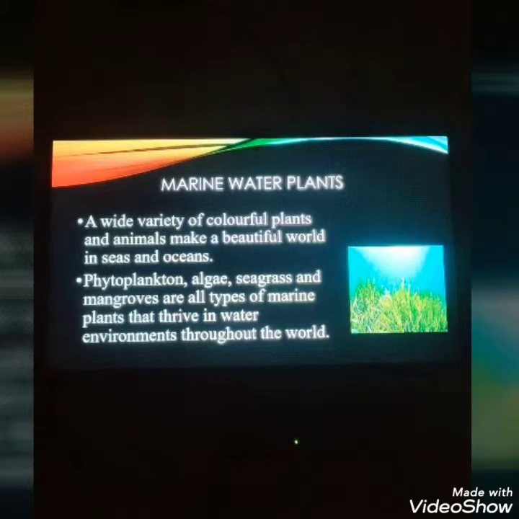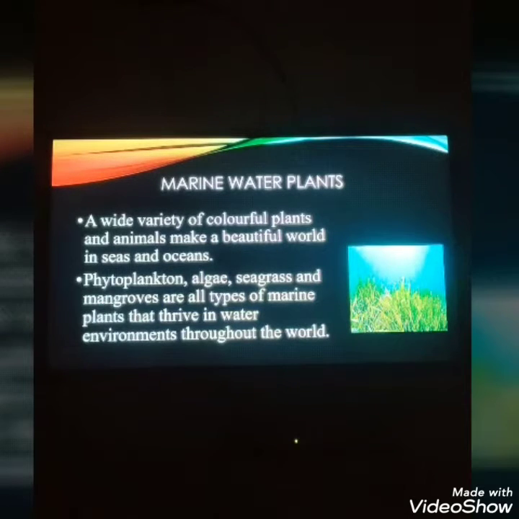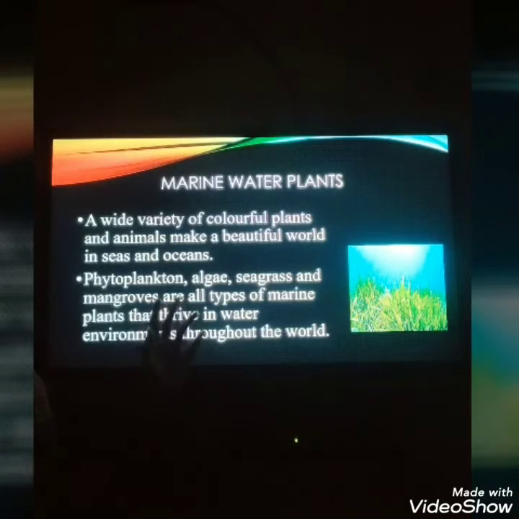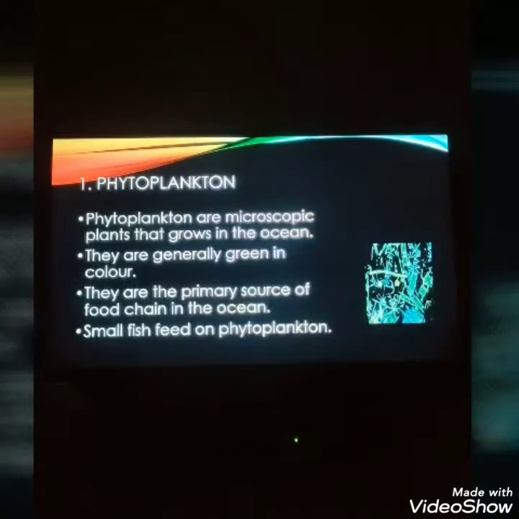Some examples of marine water plants are phytoplankton, algae, seagrass and mangroves. These types of plants are found nearly all over the world. As these plants grow in the ocean and sea, we can find them nearly throughout the world.